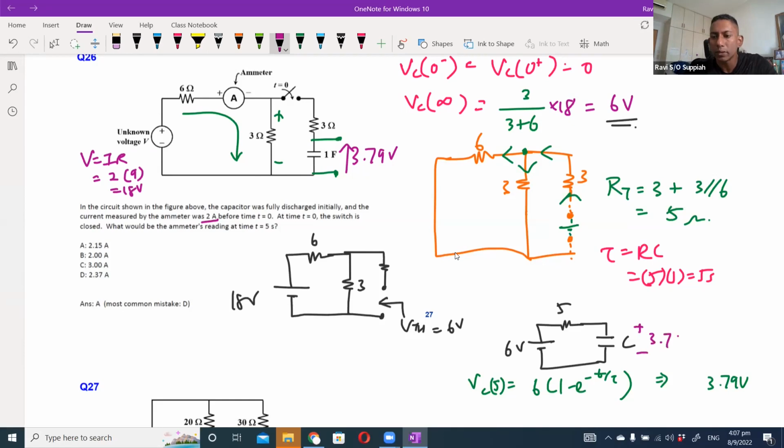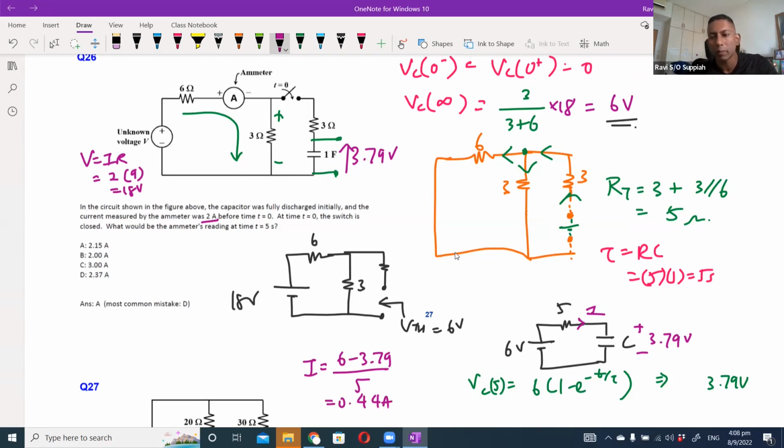I can now calculate the current that is flowing in the circuit, that is coming out of the source, so the current is flowing through the capacitor. This current I will be given as 6 minus 3.79 over 5, which is 0.44 ampere.